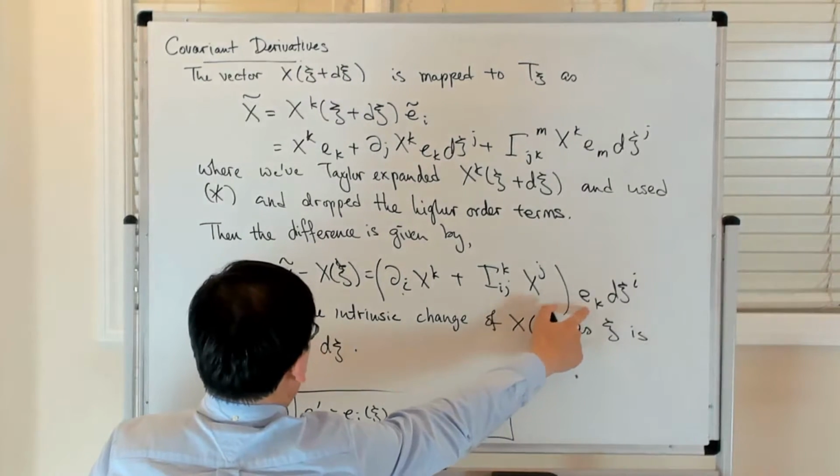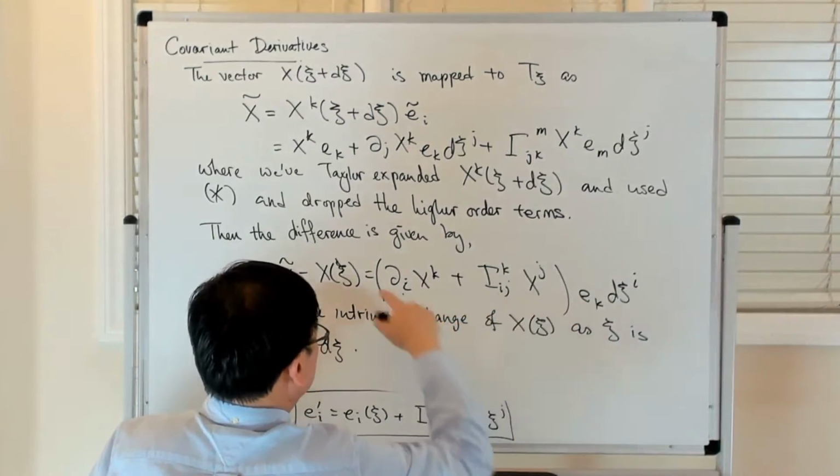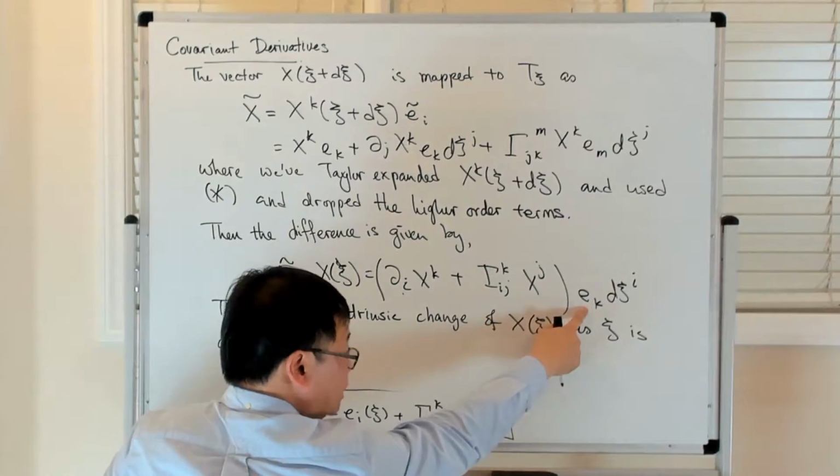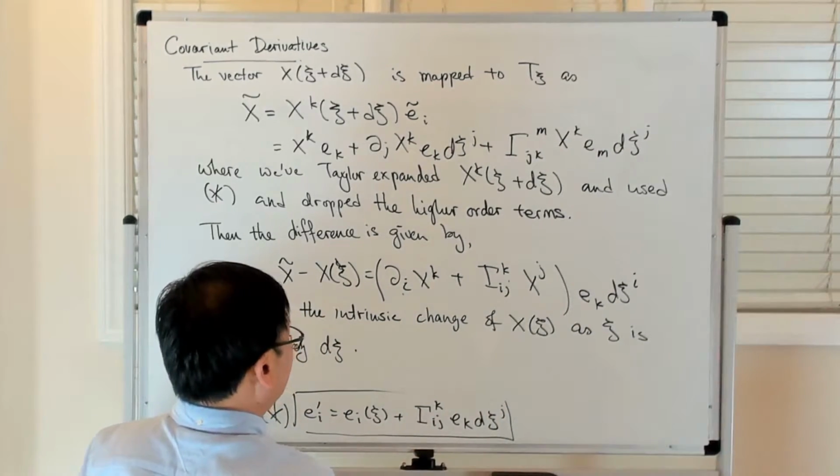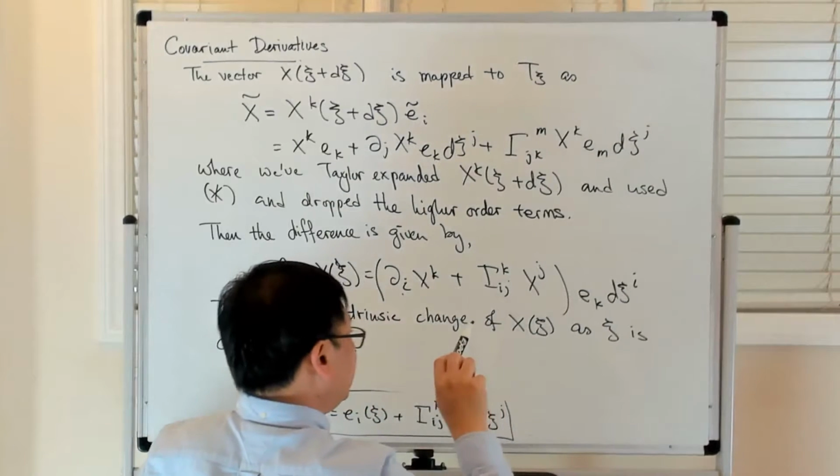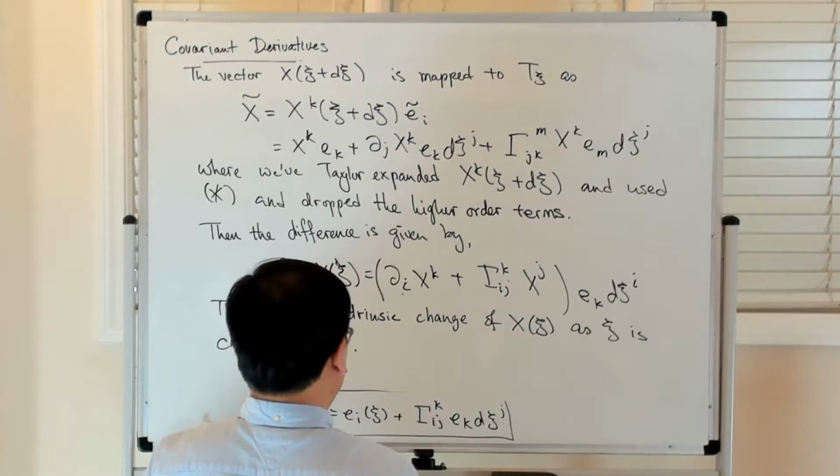In particular, this term here is telling me how the k-th component is changing, and this is telling me in the i-th direction.